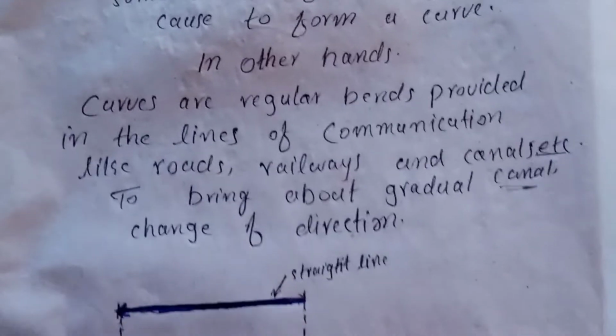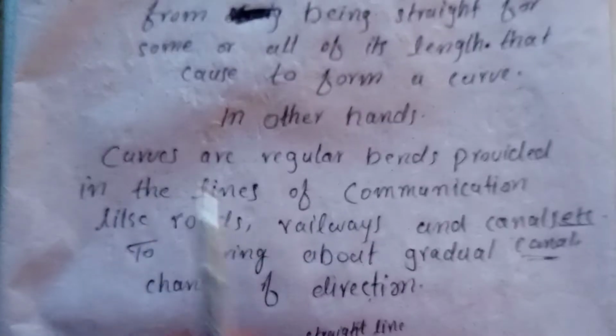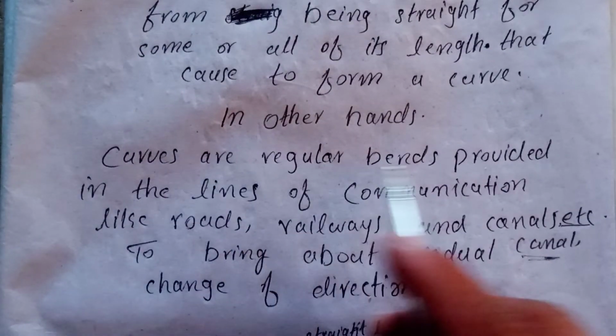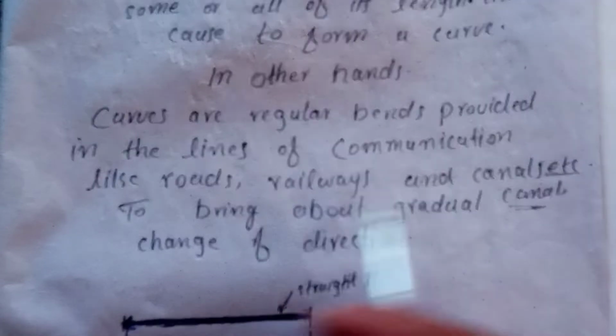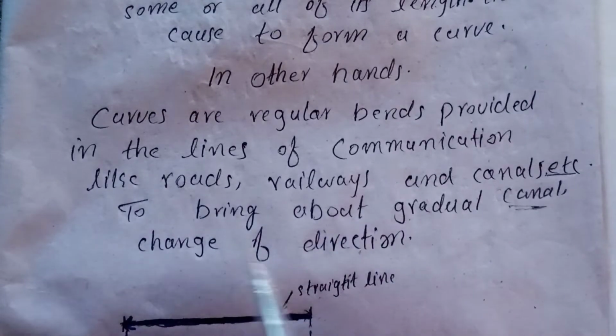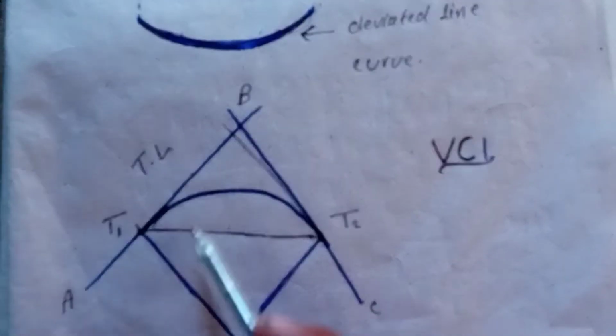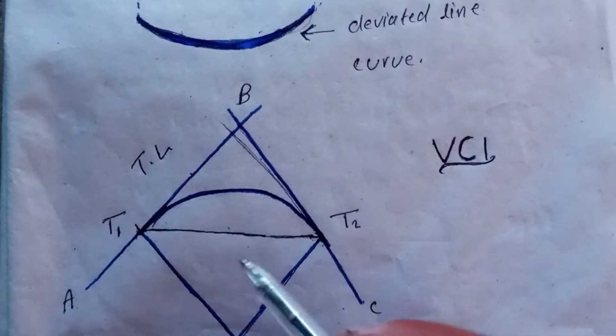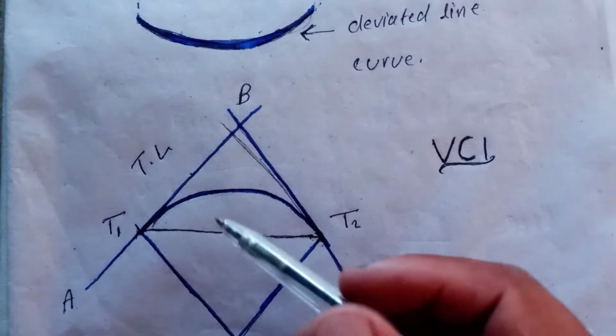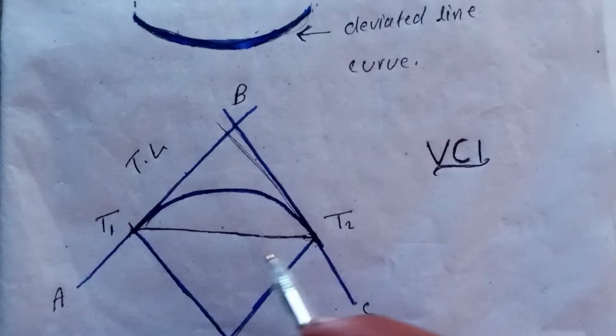And the other definition says that curves are regular bends provided in the lines of communication like roads, railways, and canals to bring about a gradual change of direction. It means that curves are used especially in civil engineering projects like roads and railways.